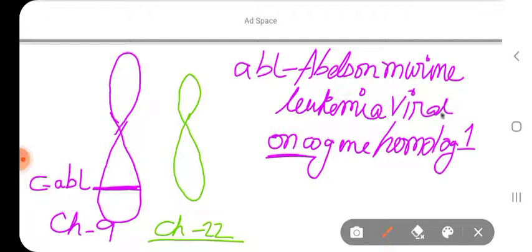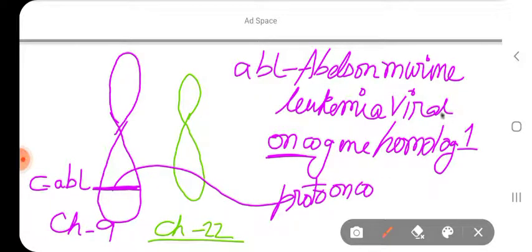Normally, this CABL gene is a proto-oncogene. That means due to the activity of this ABL gene, ABL protein will be generated and that will lead to carcinogenesis. So the ABL gene is a proto-oncogene which is negatively regulated by the SH3 domain.